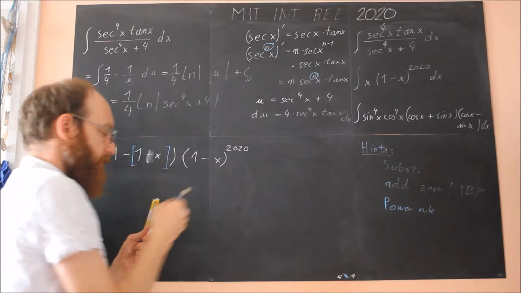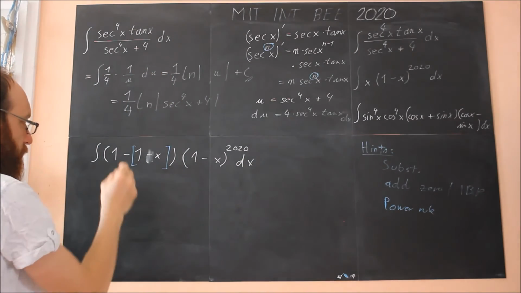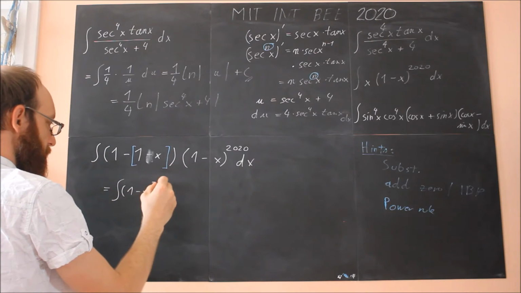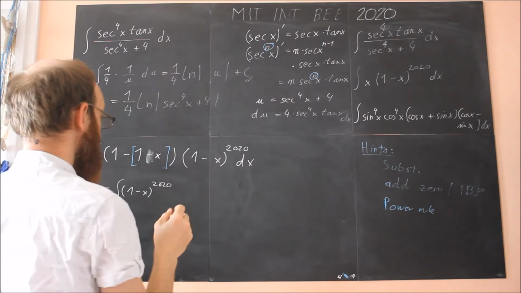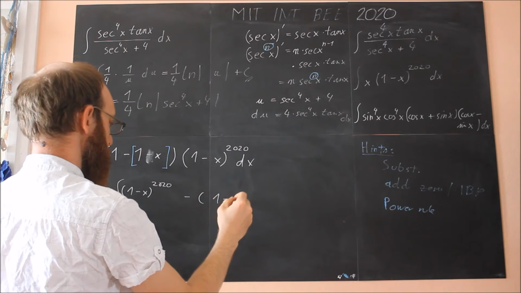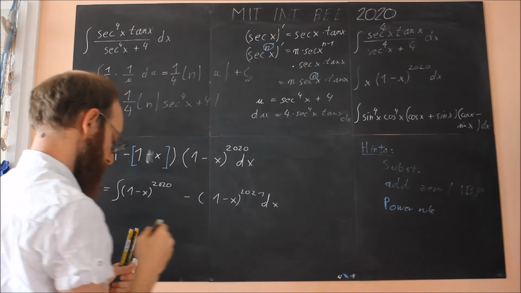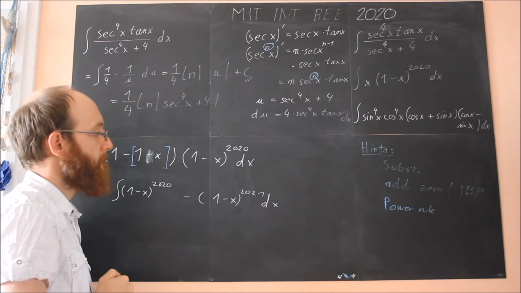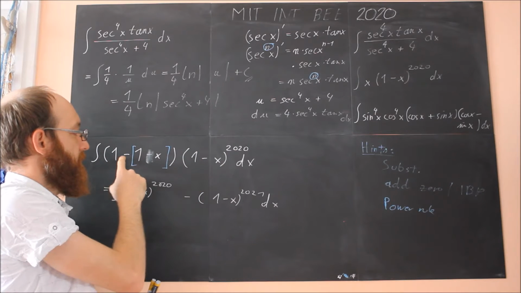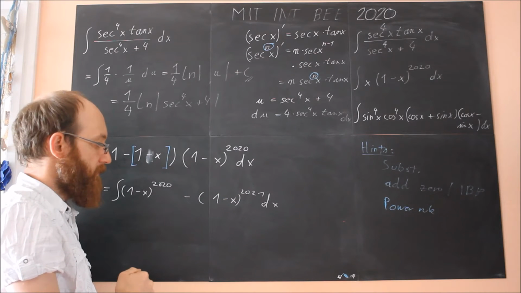So if we distribute that, we get the integral of 1 times 1 minus x to the 2020 minus 1 minus x to the 2021. Okay? So let's check, 1 times this bracket minus 1 minus x times 1 minus x to the 2020, and this is okay so far.